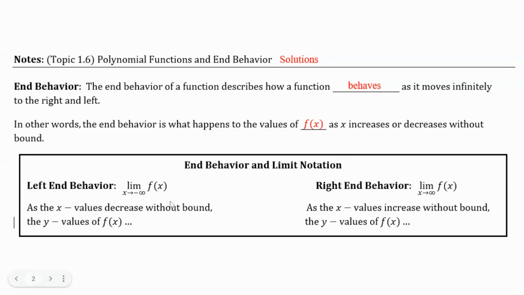Something else that might be different is that we are going to use this limit notation that you see here at the bottom of the page. Previously, you did write x with an arrow and you told whether it was going to negative infinity or positive infinity. The left end would go to negative and the right to positive. Now we're going to add this limit notation.